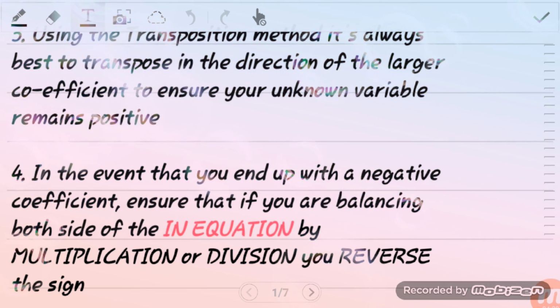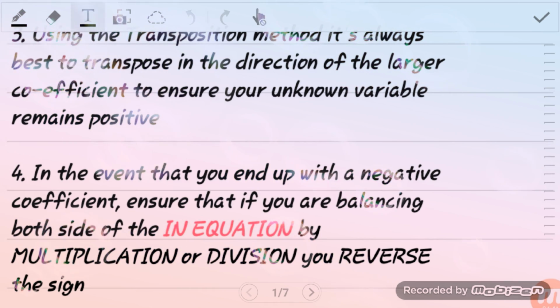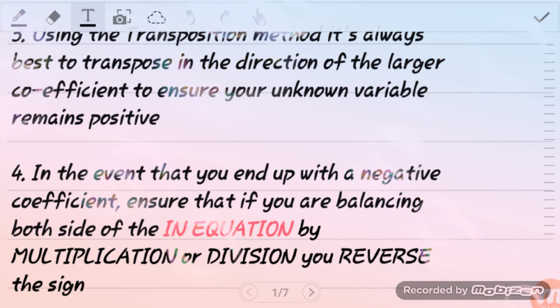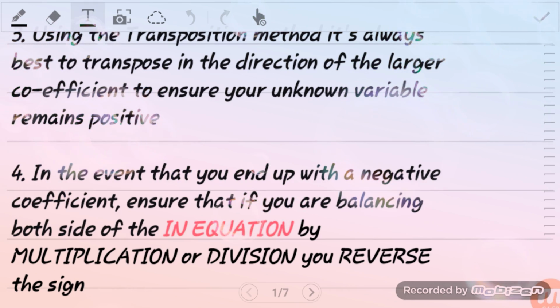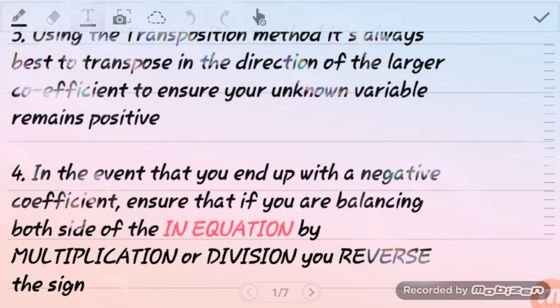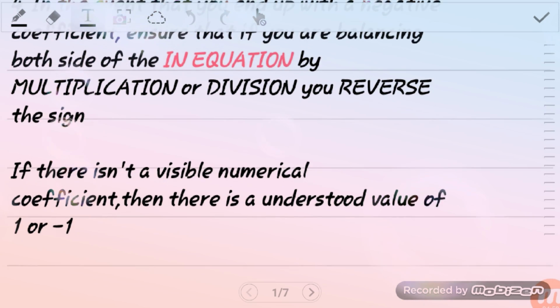You can avoid a situation like number 4 by always applying number 3, transposing in the direction that contains the larger coefficient. Once you apply number 3 effectively, you'll never have to deal with number 4.